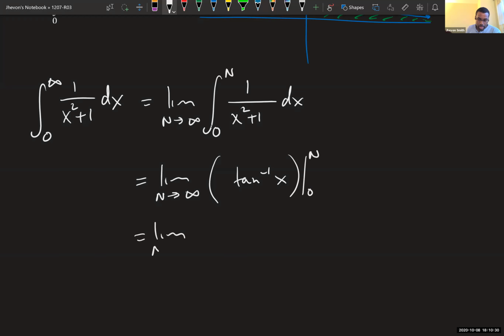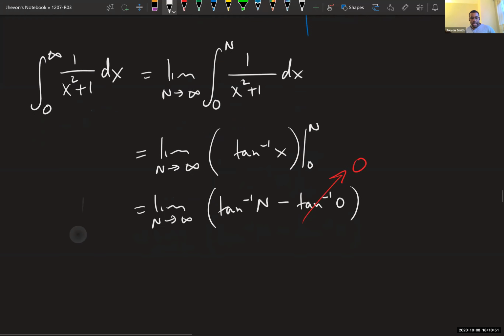So this is the limit as n goes to infinity of tan inverse of n minus tan inverse of 0. What's tan inverse of 0? It's actually 0, so that goes away.